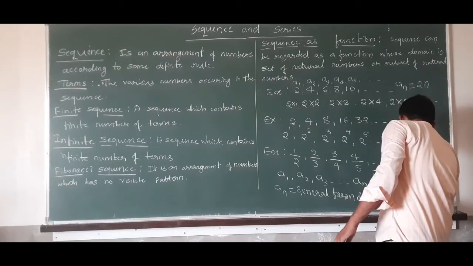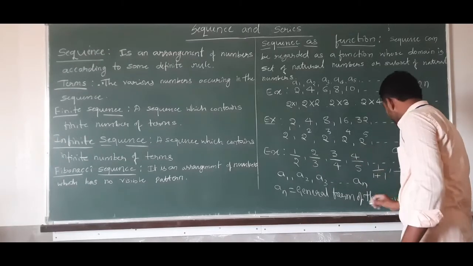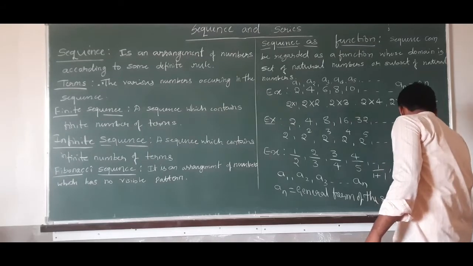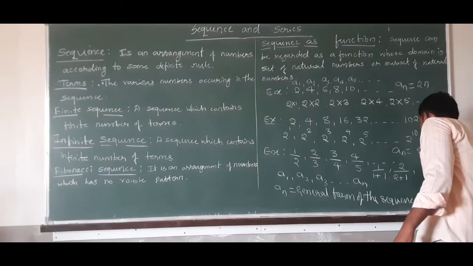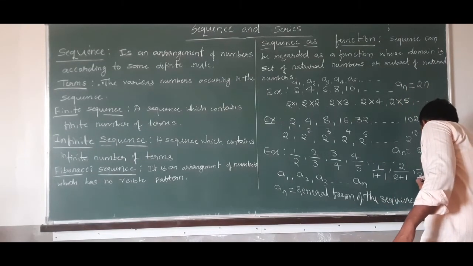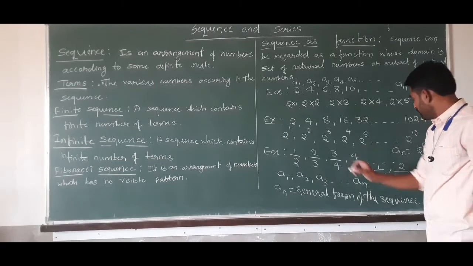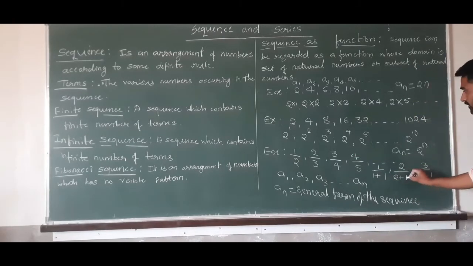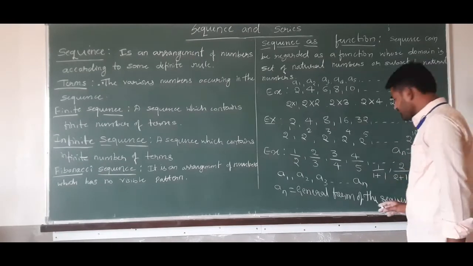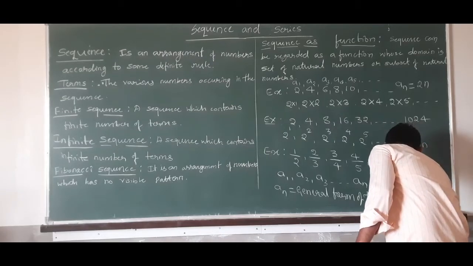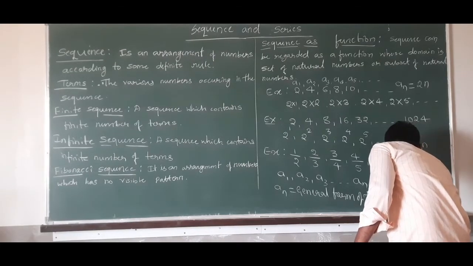Similarly, the second term, 2 divided by 3, is written as 2 divided by 2 plus 1, and the third term is 3 divided by 3 plus 1. So 1 divided by 1 plus 1 is 1/2, 2 divided by 2 plus 1 is 2/3, 3 divided by 3 plus 1 is 3/4. In the similar way, the nth term is written in the form of n divided by n plus 1.